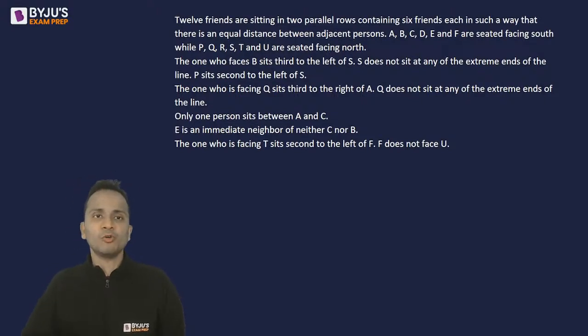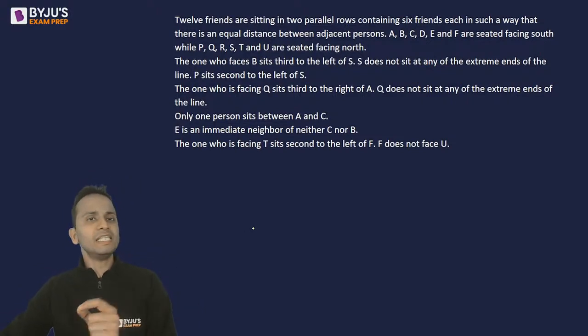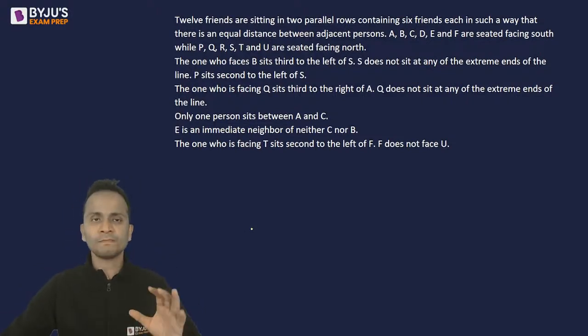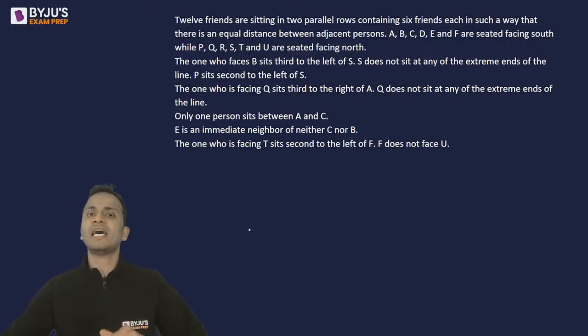Okay, let's go. So 12 friends sitting in two parallel rows. In the first row, A, B, C, D, E, F are seated and they are facing south. And in the second row, P, Q, R, S, T and U are seated and they are facing north. Right? I'll start from the first statement.